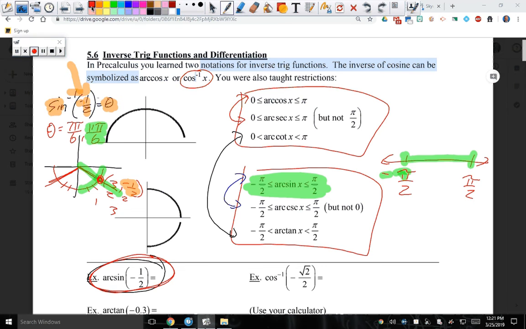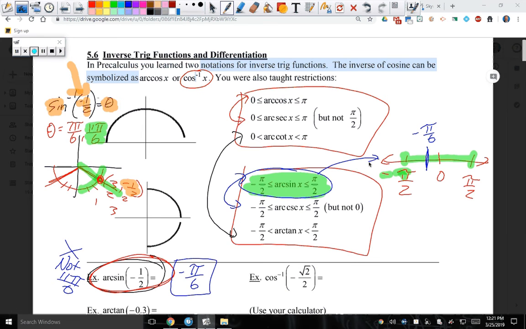So -pi over 6 would be somewhere about right here. So that's what this answer would be, because we are in radian mode. We're in radian mode in calculus all the time. So why did I not put 11 pi over 6? Because we wanted it in that visual range of arc sine.